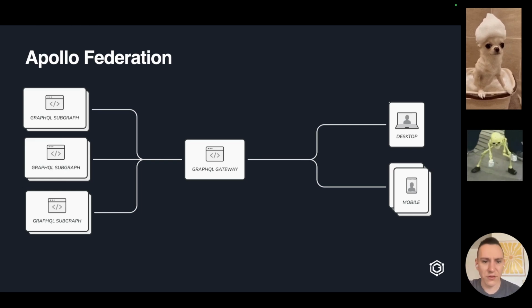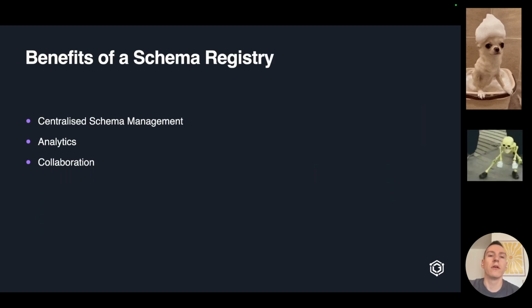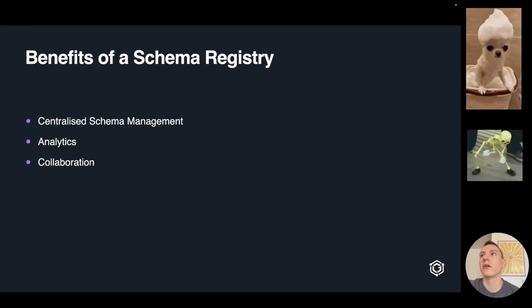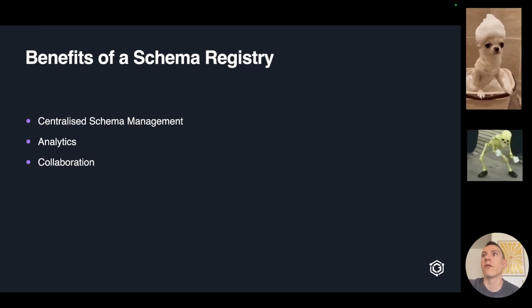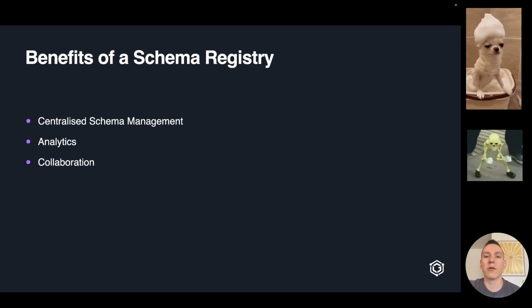So the question is now, why would I use a schema registry and what benefits does it provide me in this scenario? Well, the first benefit is that it provides you a centralized schema management platform where everyone can interact with each other. You can push your analytics on the schema usage from your GraphQL API or your gateway to the schema registry.